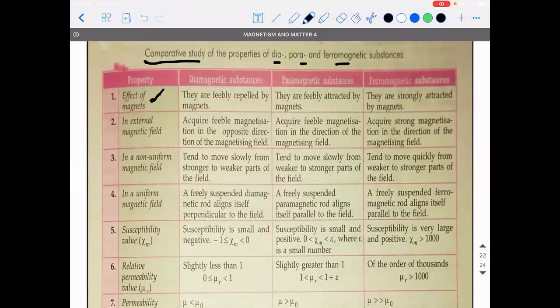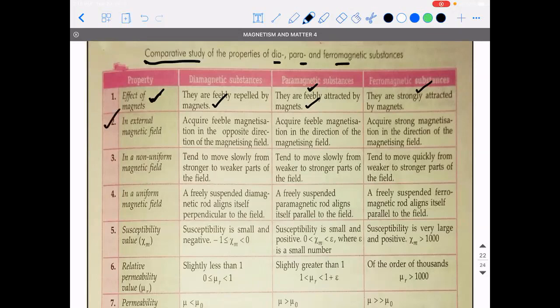It is a feeble repulsion, like how water is repelled, right? So it's feebly repelled by the magnets, whereas paramagnetic substances also have attraction, but it is a feeble attraction. Whereas the ferromagnetic substances, they are strongly attracted by the magnets. Am I clear? So that is in the presence of permanent magnets.